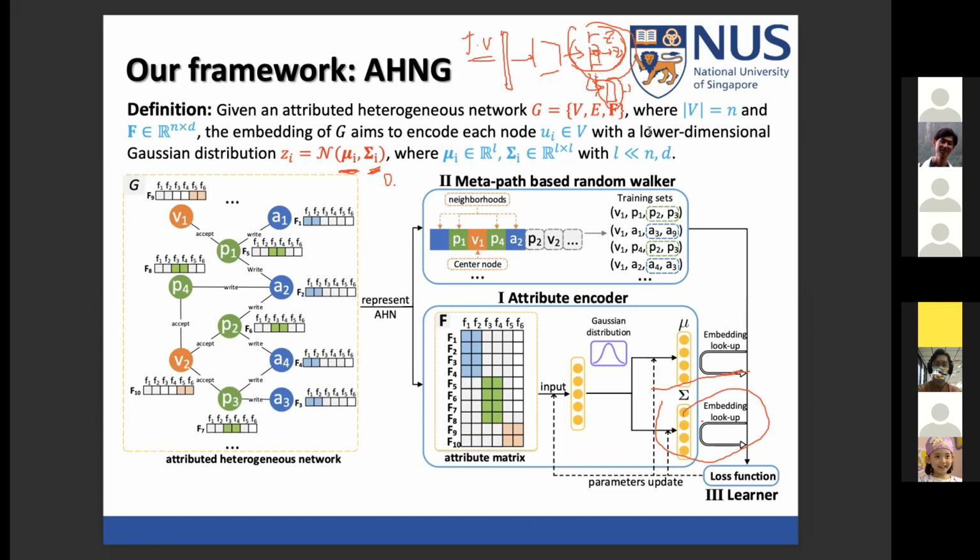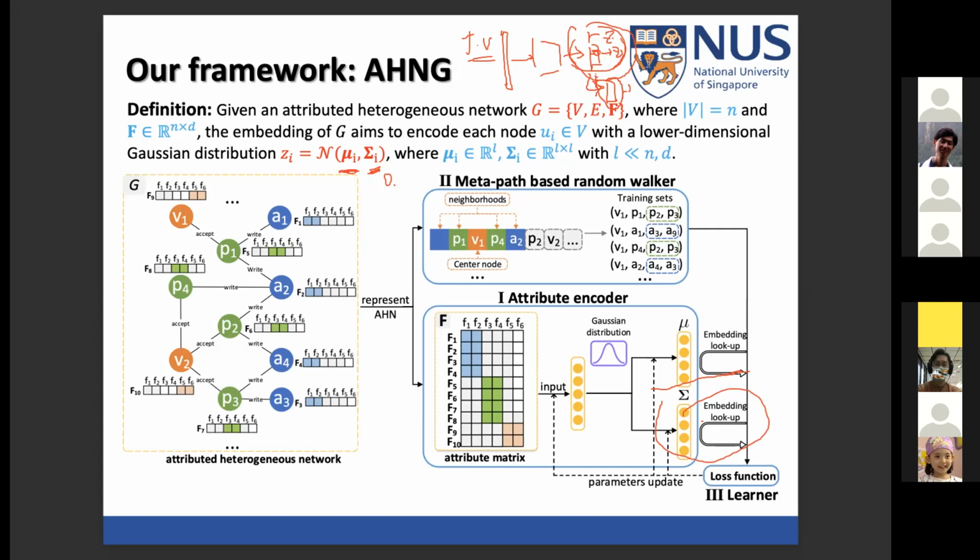And also, the follow-up question is that, do we need randomness, right? Do we need the randomness introduced by the variance? It also depends. Once you have a sigma, if you want to use sigma, it means that each time we run a model, we may have different results, because the embedding will be different.